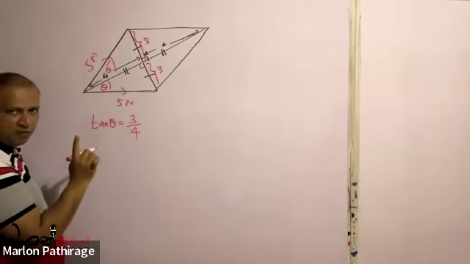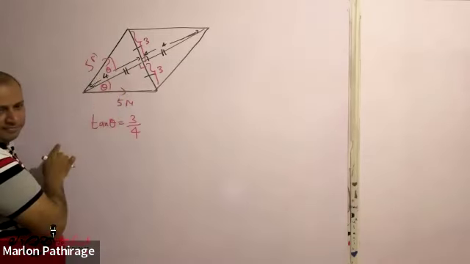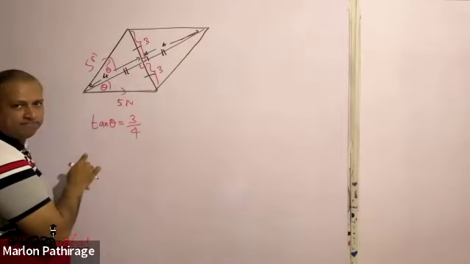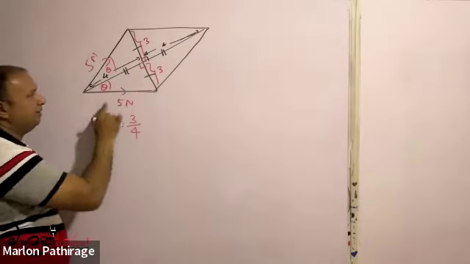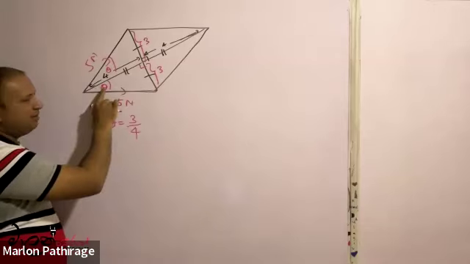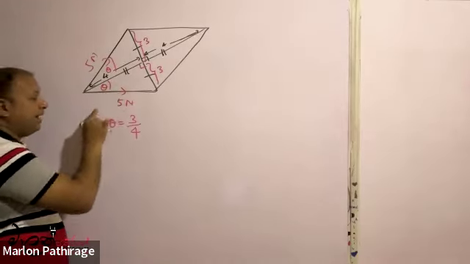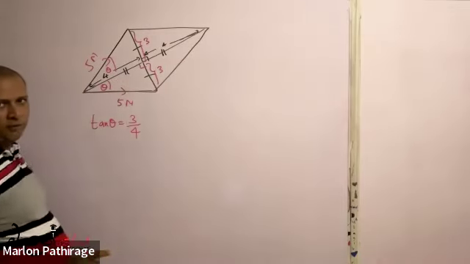Because this is a rhombus, if this angle is theta, this angle is also theta, because this angle is bisected by this diagonal. Therefore, you can find this angle using theta. Tan theta is equal to 3 over 4.